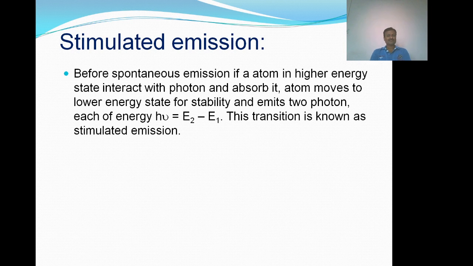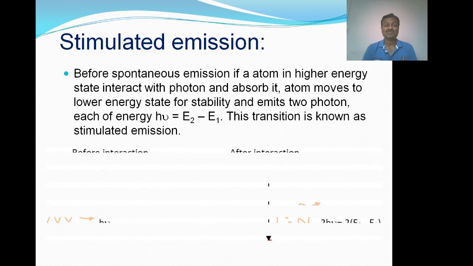During this transition, the atom releases energy equal to 2h nu. It releases two photons having energy h nu equal to E2 minus E1. Such a transition is known as stimulated emission.